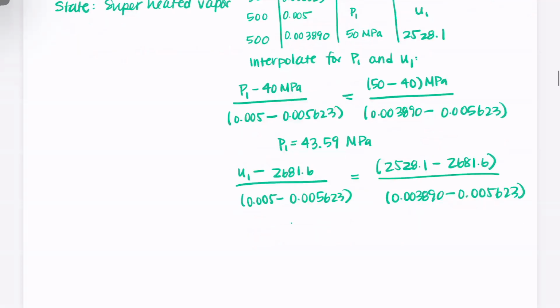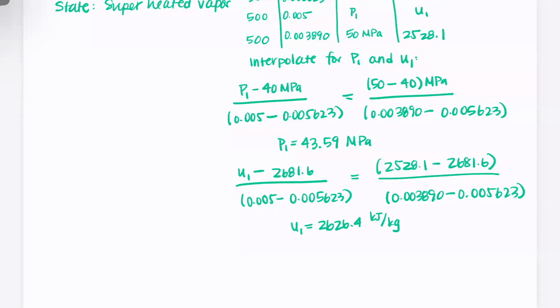All right, and then when we solve this expression for U1, we get 26.4. And then this is kilojoules per kilogram. Okay.